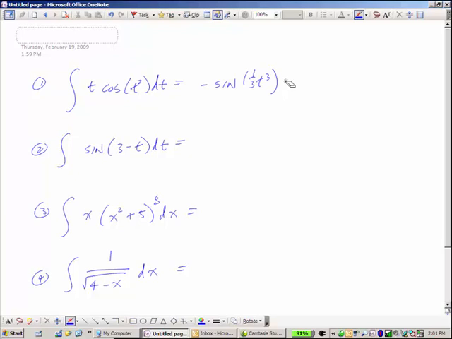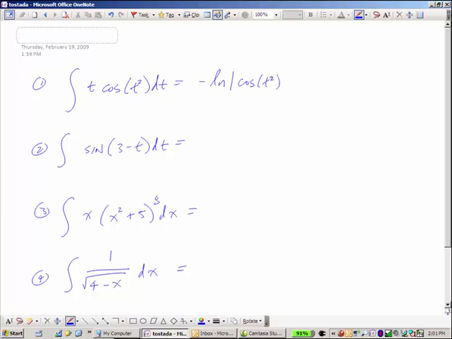But so that gives us a few hints. I think we can use that a little bit. Betsy? Well, if you look at the tan x equals negative ln cosine x, it's kind of similar. Okay. So would it be negative ln of cosine t squared?